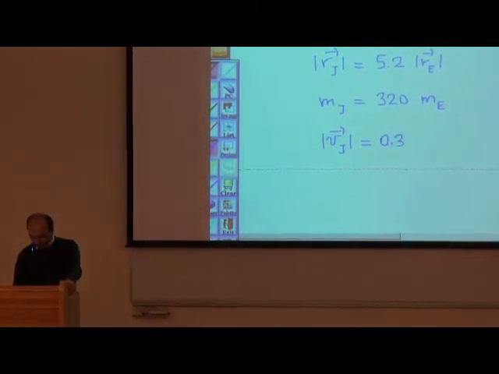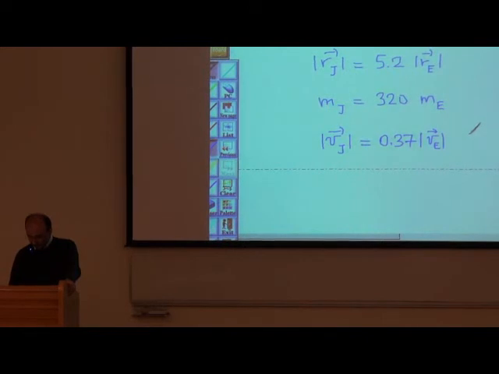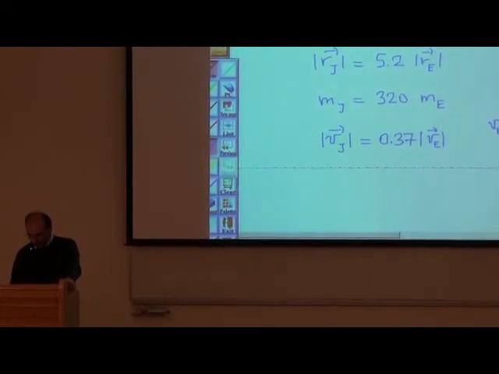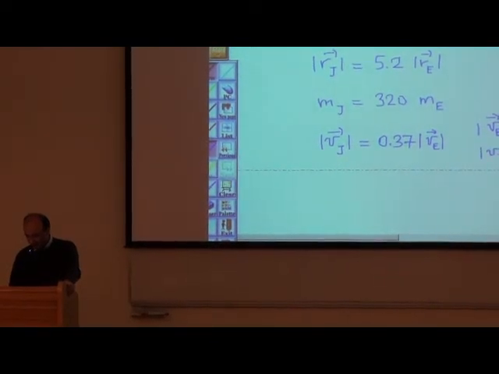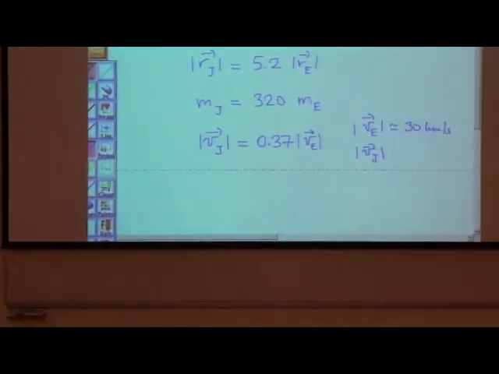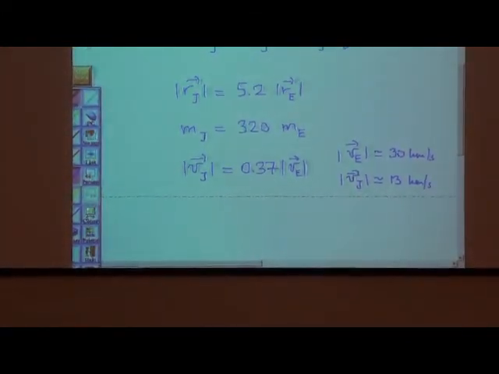It's 0.37 times the velocity magnitude, because the velocity of Earth around the Sun is about 30 kilometers per second. The velocity of Jupiter around the Sun is about 13 kilometers per second.